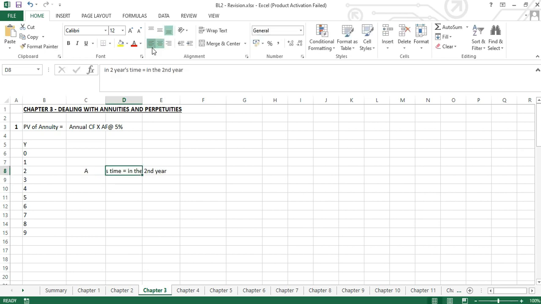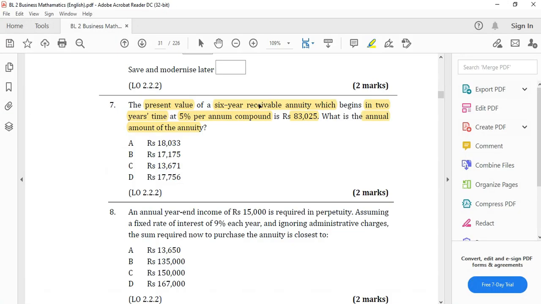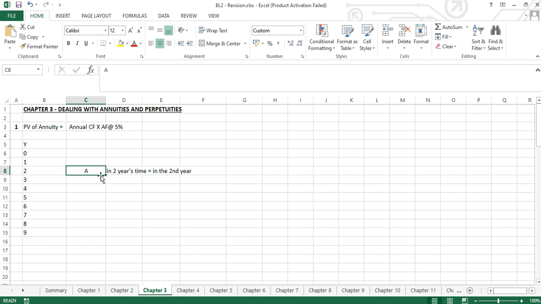Okay. If that's the case, now they are going to pay it for 6 years. That means 6 times, which from year 2 onwards will be up to year 7. Fine. So there are 6 payments.